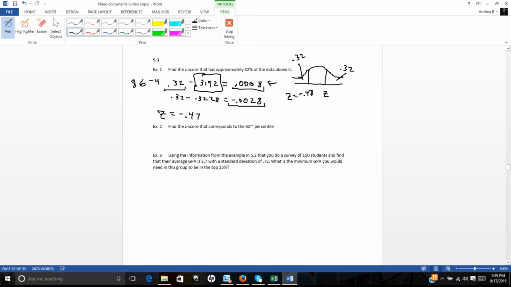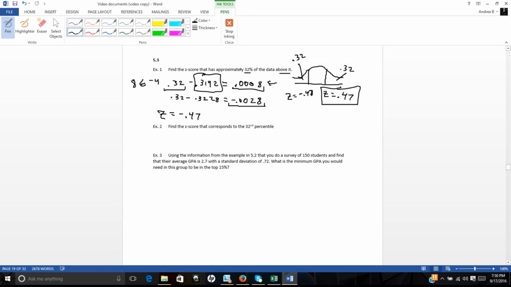So if we want 32% above it, it's just the positive of that because the graph is symmetric for a normal distribution curve. So in this case, for a z-score that has approximately 32% above it rather than below it, it would have to be the positive of that.